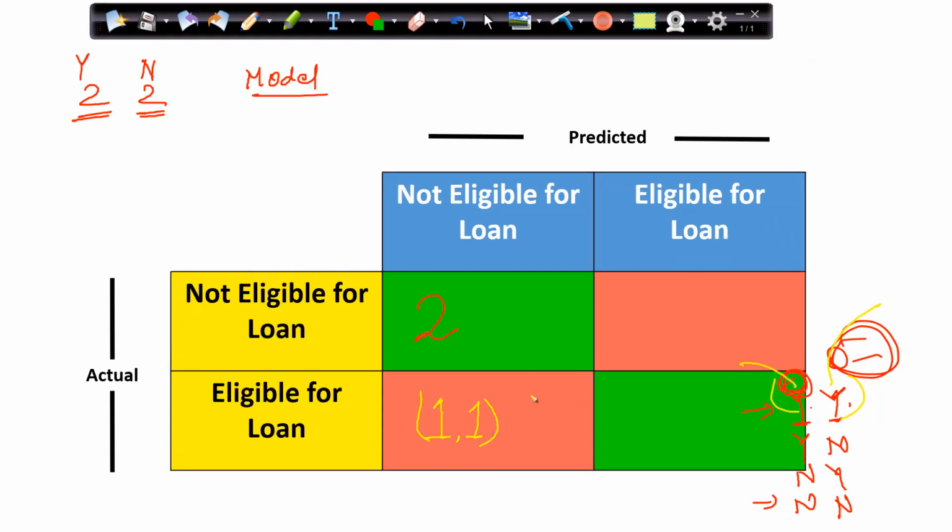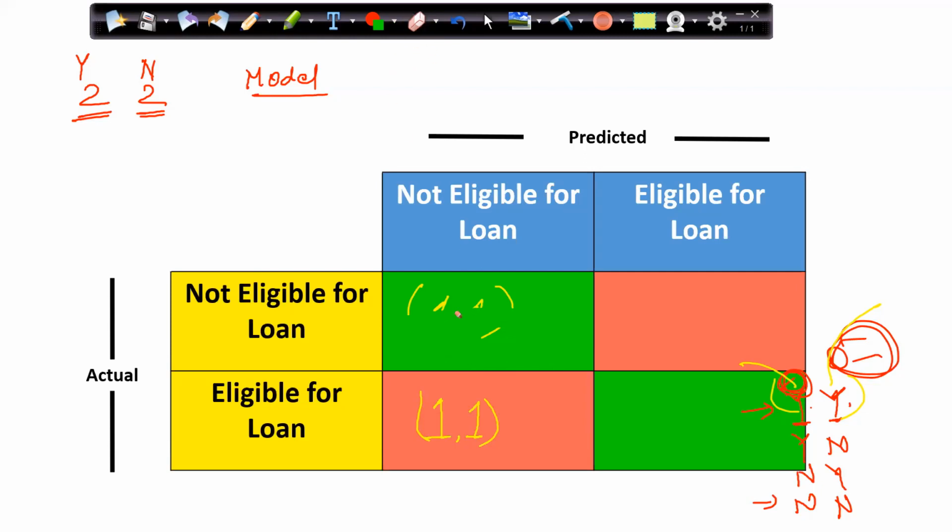I'm trying to create this confusion matrix. If I go here, he is not getting the loan, and he is not getting the loan, as per both. So I will remove this part and put 1, 1. One pair is not getting the loan as per the actual data.